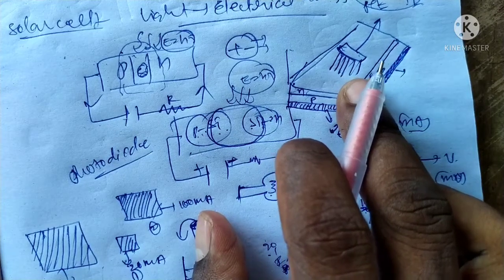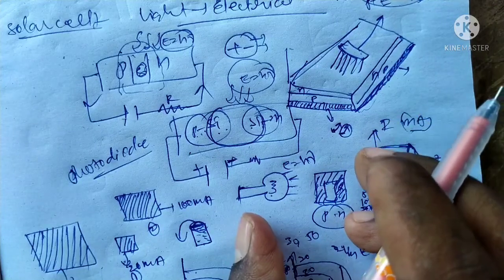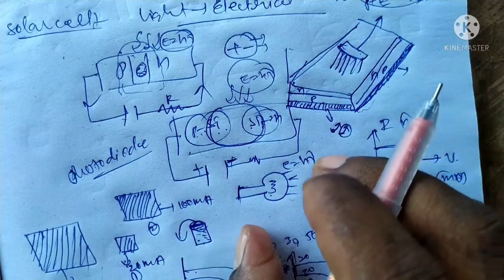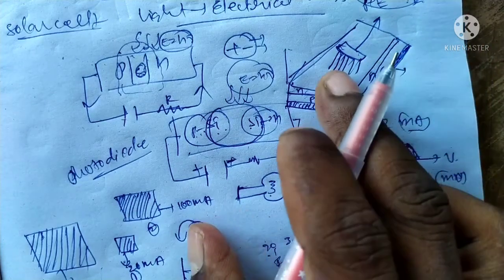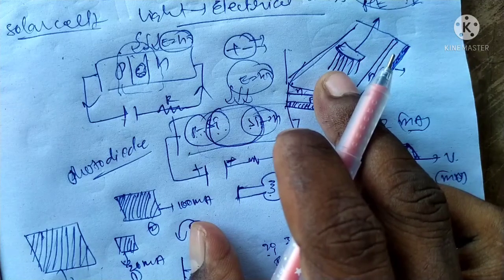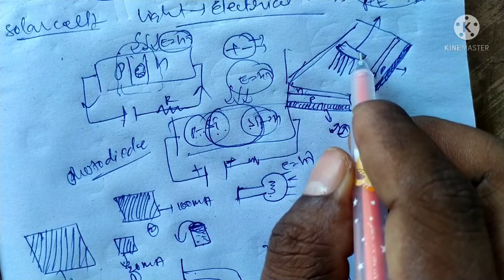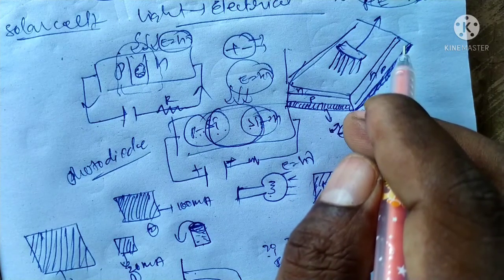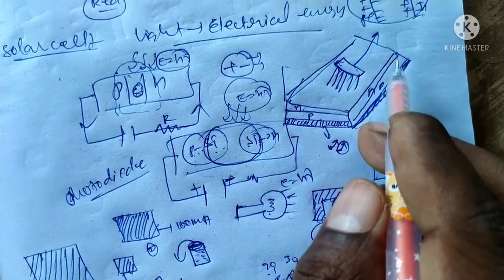They are black in color, which means they can absorb some amount of energy. That is the photovoltaic effect: it absorbs the energy and transmits it. The metallized finger electrodes absorb and transmit the electrons.